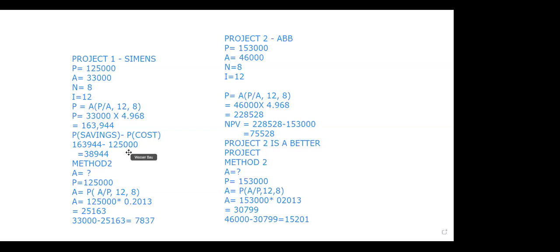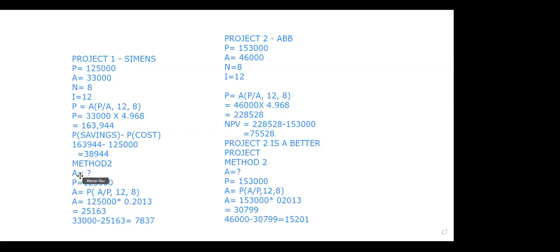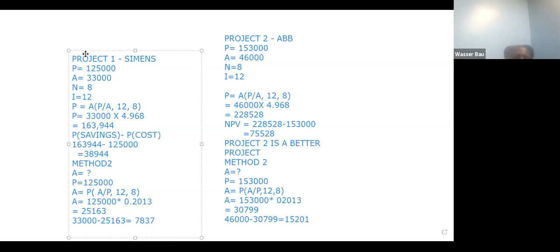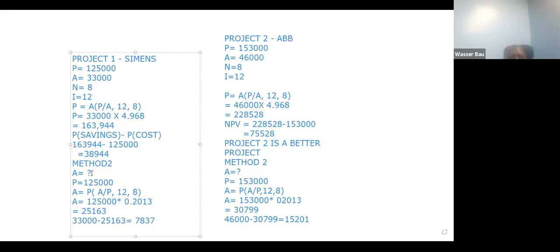You said A here, and when I looked at the question, the 33,000 is also annual savings. Okay, I understand what you said. I used the word interchangeably. In the second method, A here is the annualized cost of investment. We are looking for the annualized cost. I think he understands this now.